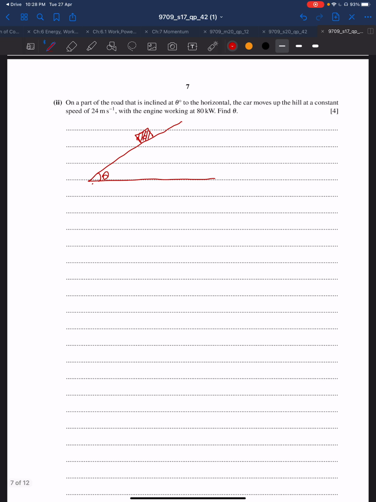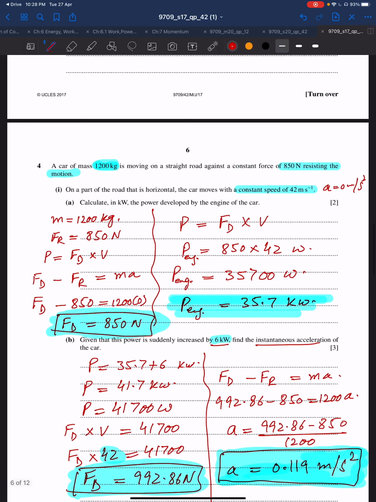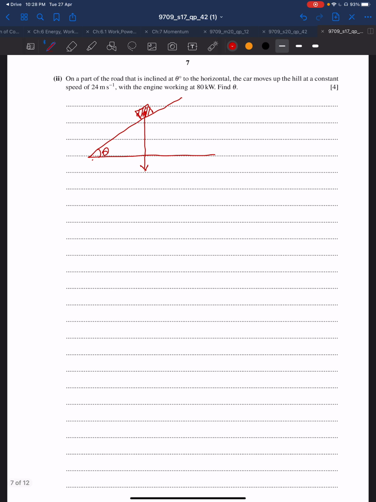Okay, its weight is mg. So m is 1200 kg. So mg, which is 1200 into 10, is 12,000 Newton. Okay, so this is the R, normal contact force, and this is theta.